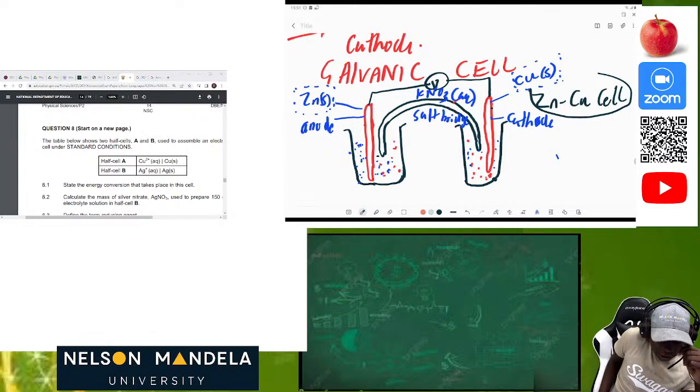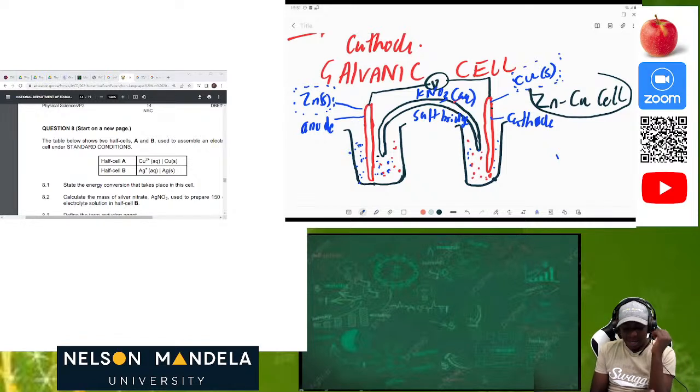So what is an electrolyte? It is a substance of which the aqueous solution contains ions. So these dots here are acting as ions. So we are saying that this aqueous solution is what we call the electrolyte. Why? Because an electrolyte is a substance of which the aqueous solution contains the ions.